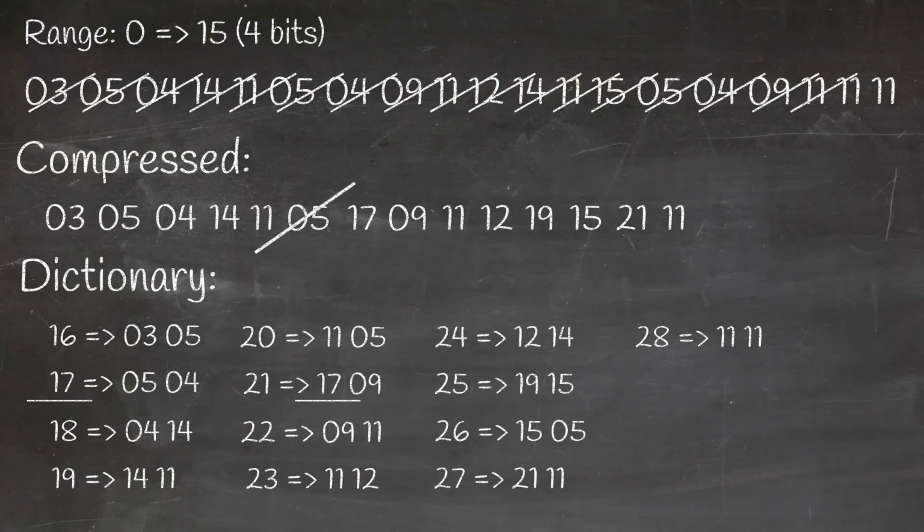So we have got 11, 11 under 28. Seems normal, right? Now we start from the next 11, the next letter. And do we have any patterns starting with 11? Actually, yes, there is a match with one that we just entered right now. It's 28 representing 11, 11. And in this case, we are done.